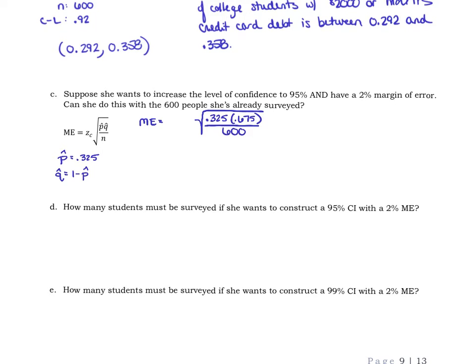Now, where do we get that z sub c value from? Well, I had you cross off a table in an earlier page. Maybe that was a little premature, but we can use those numbers now. I can also review with you how we come up with those.